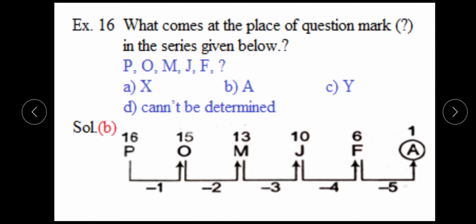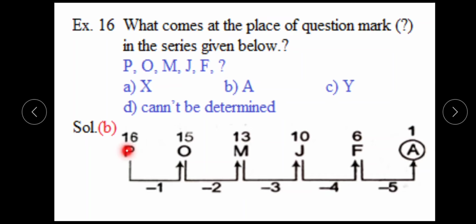The question on the basis of a letter series is P, O, M, J, F. It means what will come in the place of the question mark. If we see the positions of these alphabets, we can see that this is 16, this is 15, this is 13, this is 10, this is 6, and this we have to find out.